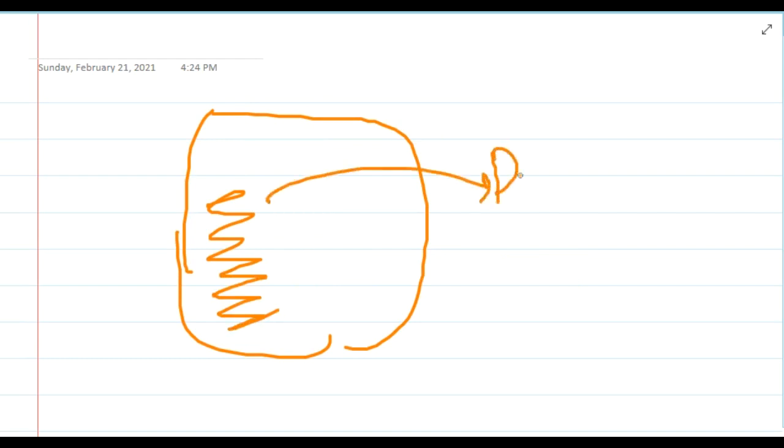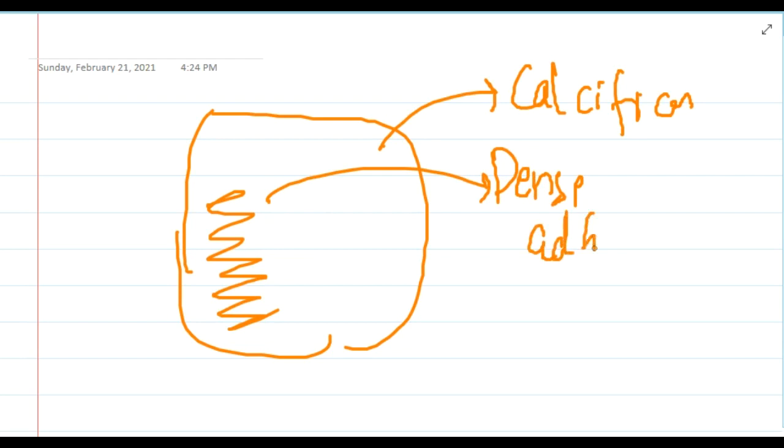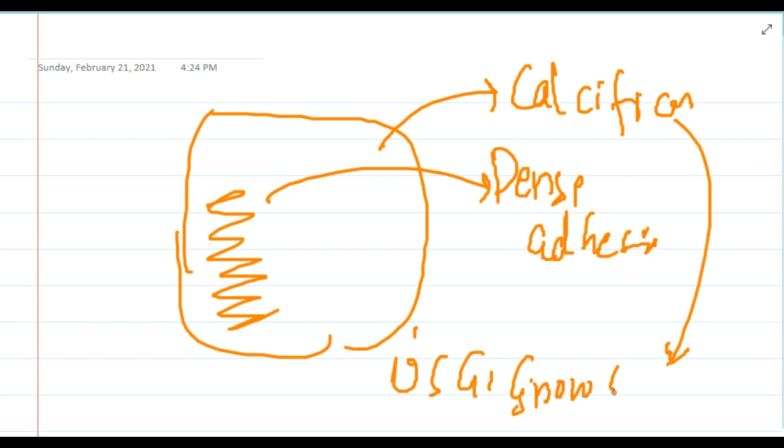Slowly, this meconium will either undergo calcification or form dense adhesions. If it undergoes calcification, on USG you will see the snowstorm sign.